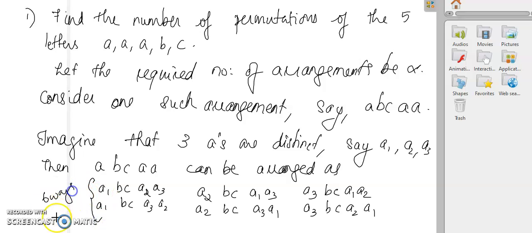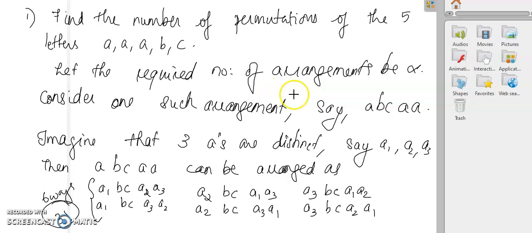So that is, in 3 factorial ways this is repeating. So when you take each permutation in the case where these 3 are considered distinct, each arrangement will be repeating 3 factorial times.